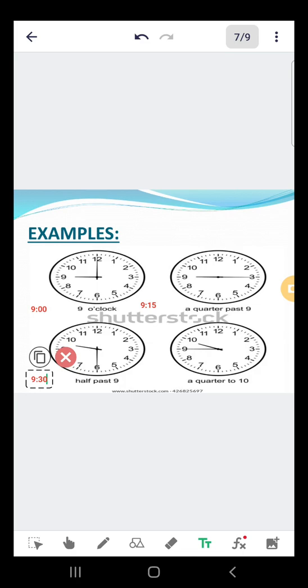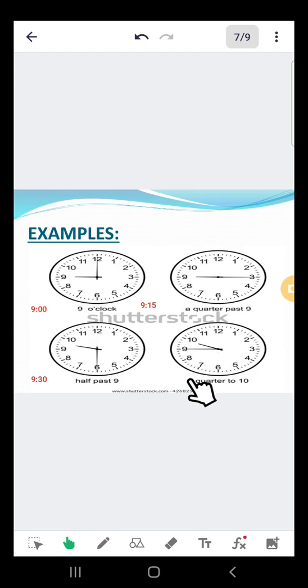And the last clock here you can see is a quarter to 10. A quarter means 15. It means it is not yet 10. 1 hour is equal to 60 minutes. So 60 minus 15 is equal to 45.